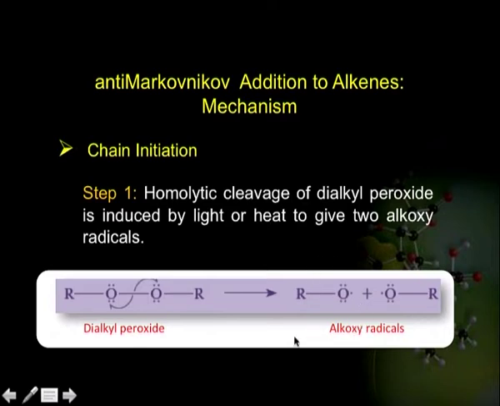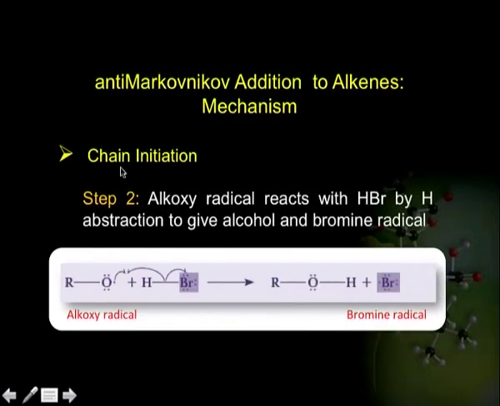So, this is triggering of the radical formation, and then comes the second step of this reaction where the alkoxy radical reacts with HBr by hydrogen abstraction to give alcohol and bromine radical. So, this alkoxy radical will take this proton. This HBr also undergoes a homolytic fission. As a result, we get the formation of bromine radical, which is the one required for the reaction further.